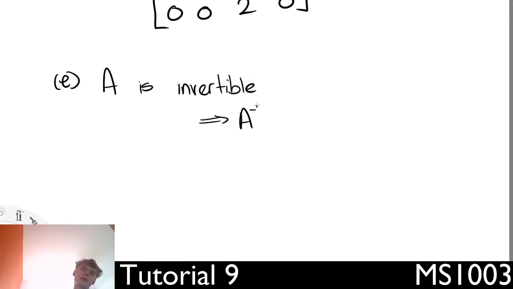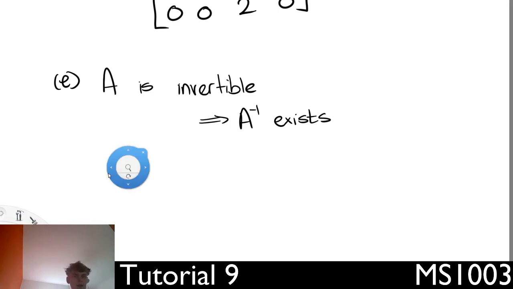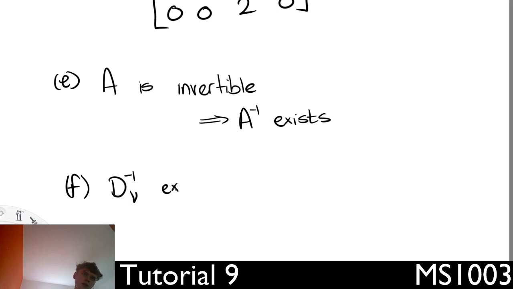You can find what A inverse is because it exists, and because A inverse exists, then for part F, D inverse of V exists.